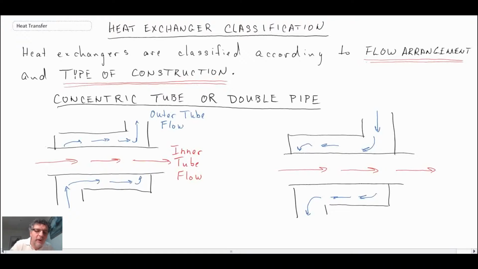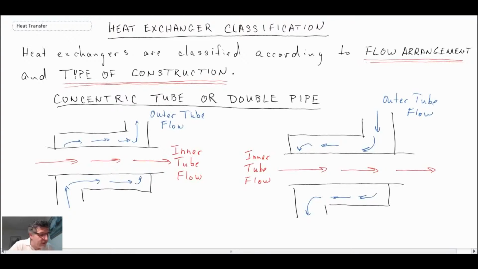Okay, so here we have two different types of flow arrangements for what we refer to as being the double pipe heat exchanger. And in both of the figures, one over here, that is inner tube flow as well. And then on the outside, we have what we refer to as being our outer tube flow. Now, with these two, these are basically the same type of construction.